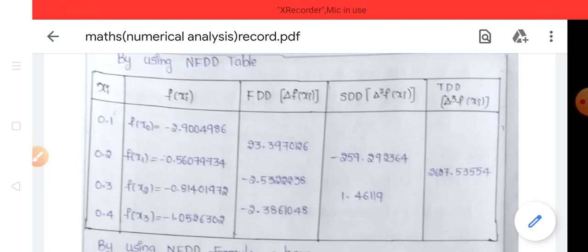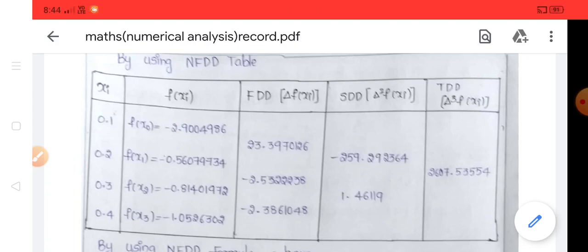Next, first divided difference: minus 0.56079734 minus of minus 2.9004986 divided by h, h means 0.2 minus 0.1, is equal to 23.3970126.